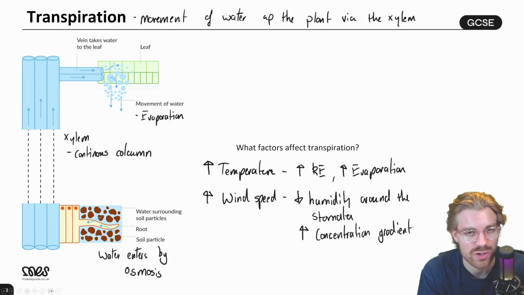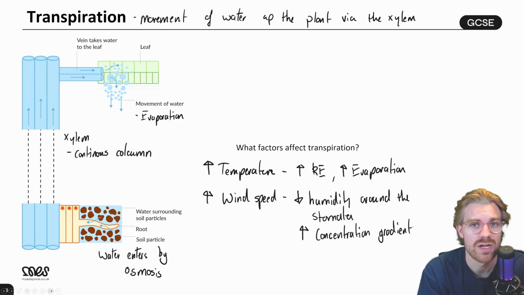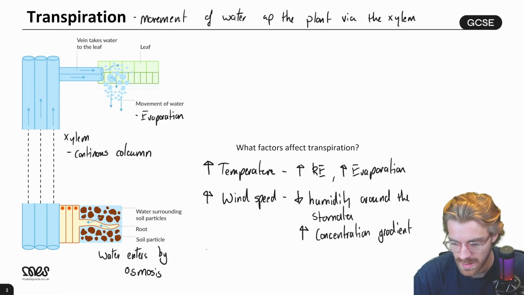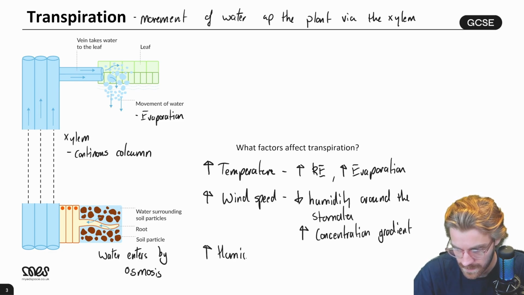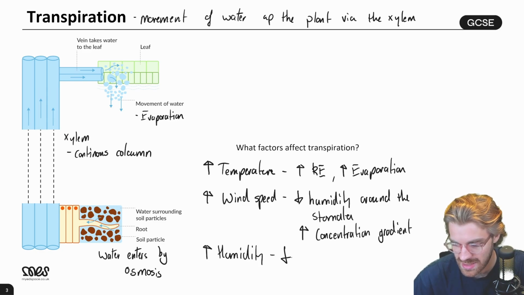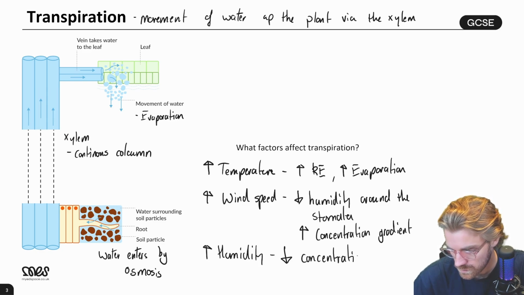And if there's less of a concentration gradient, that means we get less diffusion, and so we get less transpiration taking place. We get less of the evaporation of the water out of the leaf. So an increase in humidity means there's more water in the air, which means there is a decrease in the concentration gradient.